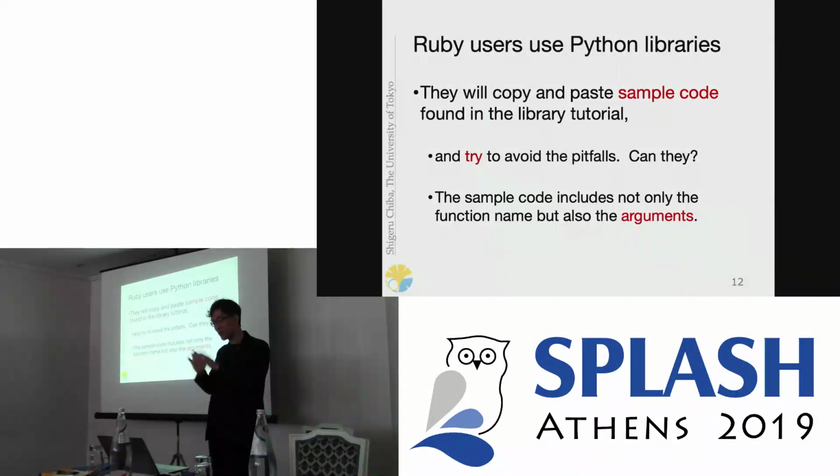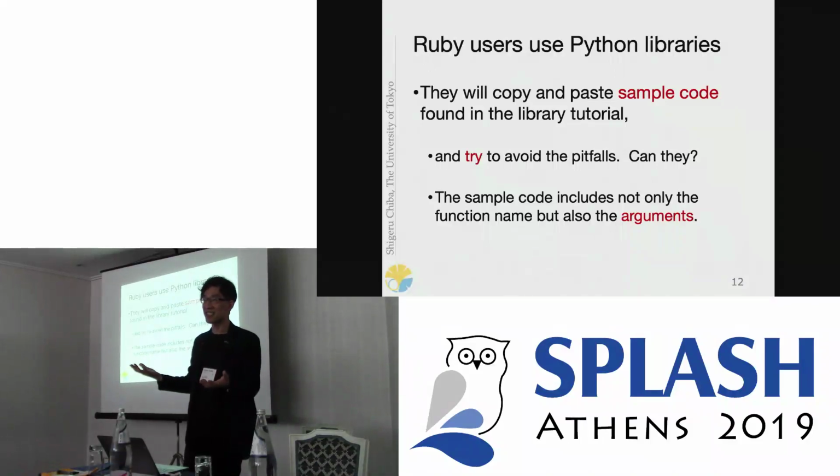This is a very psychological thing, but my observation is that the sample code includes not only the function name, which function should be called to do this thing, but also the arguments, because Python provides very rich constructs to make a data set, which is one of the powers of Python.